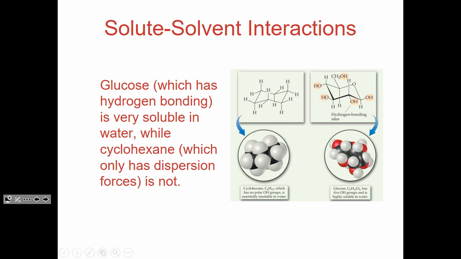Now, take a look at this case. We have the glucose molecule, which has OHs all over it. It's very soluble in water, and that's because it has all these OHs. It hydrogen bonds well with the water molecules. But if you put cyclohexane as your solvent, remember cyclohexane is a hydrocarbon. It's a nonpolar substance with only weaker London forces.